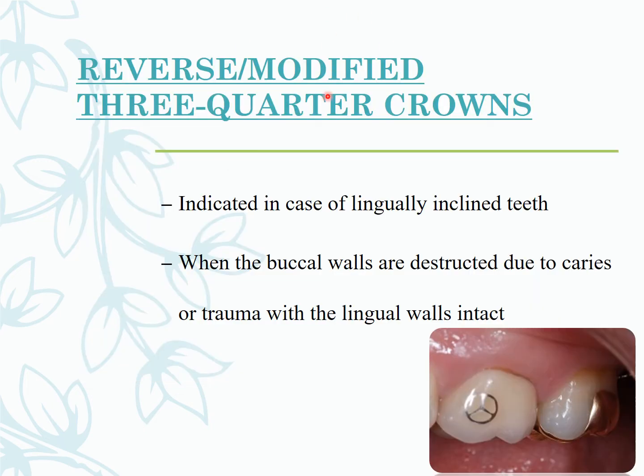Okay, coming over to the modified three-quarter crowns. It's indicated in case of lingually inclined teeth, and when the buccal walls are disrupted due to caries or trauma with the lingual wall intact. This is an example of a modified three-quarter crown, guys.